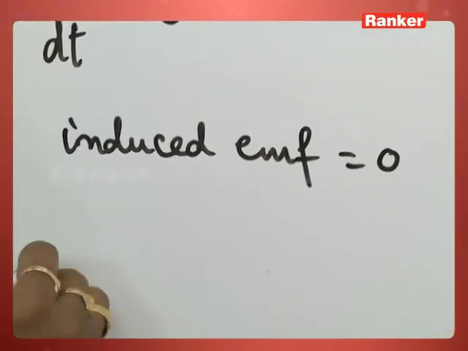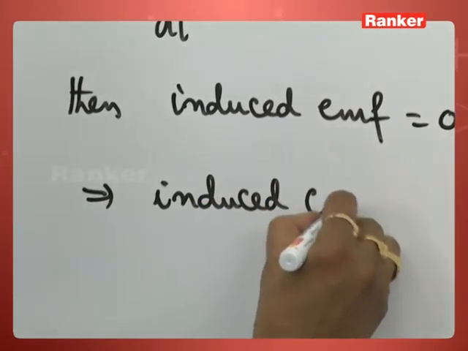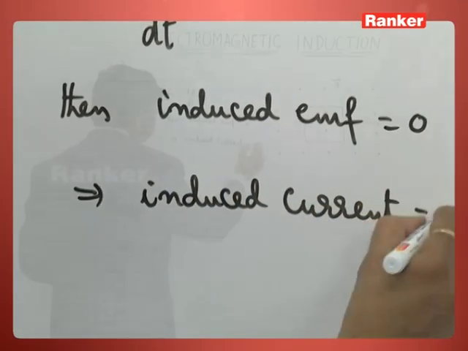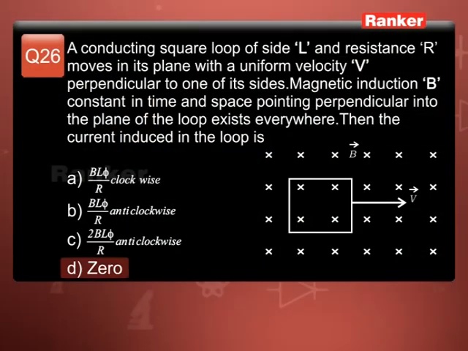That implies induced current also will be 0. So our answer is going to be this. Therefore, the correct option is going to be D for us.